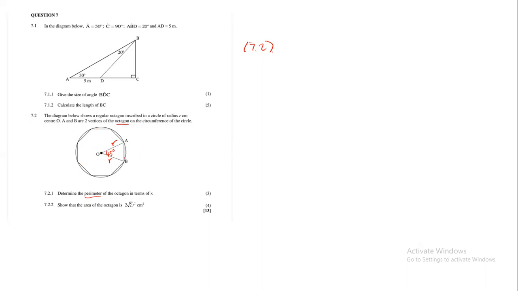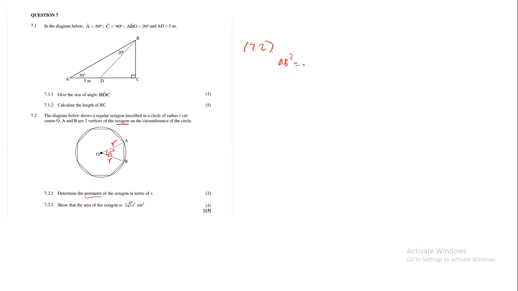Now, in order to determine AB, I'm going to use the cosine rule, so that I get AB in terms of R. AB squared is equal to the cosine rule. Remember, we use the adjacent sides and the angle which is provided.